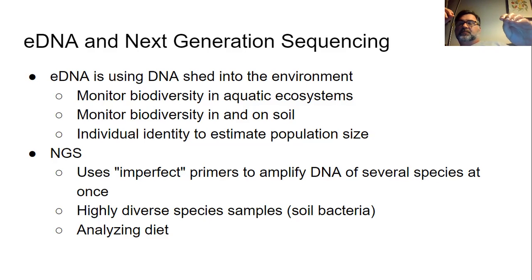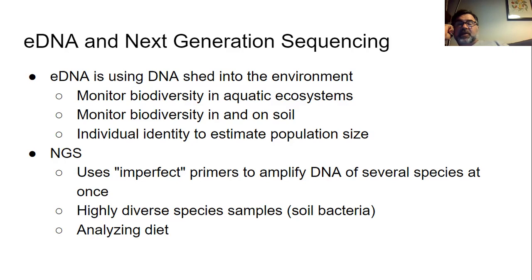So next generation sampling more broadly is when you use these imperfect primers to amplify DNA of several species at once. So with barcoding, you get a single species amplified. Even if you have contaminants, let's say you have 3 insects in your sample and you grind them up unknowingly, usually after so many cycles in your thermocycler, only one of those is going to win and be detectable.